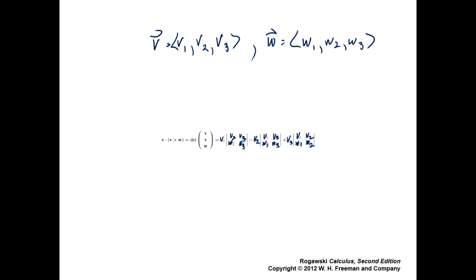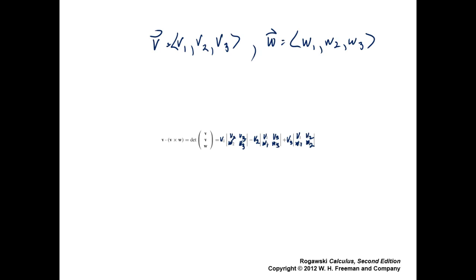Here's a V1, V2, W3 minus V1, V2, W3 from there. That adds to 0. Here's a V1, W2, minus V1, W2, V3 plus V3, V1, W2.